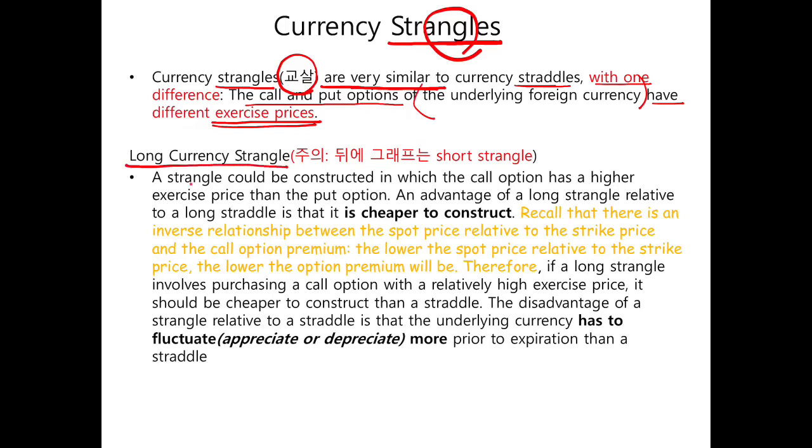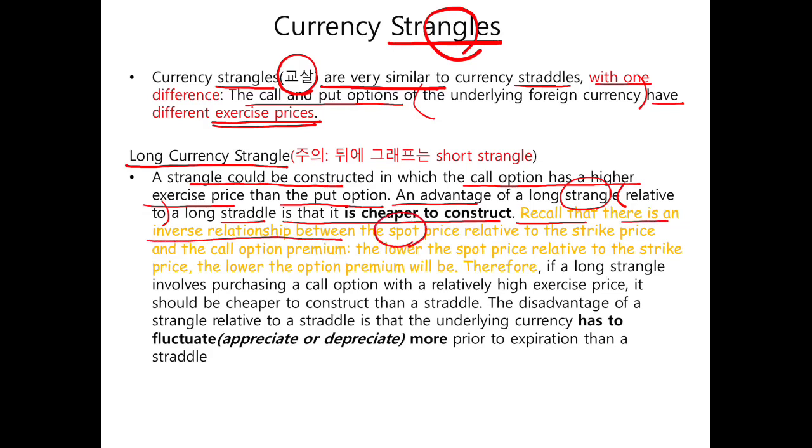A strangle could be constructed if the call option has a higher exercise price than the exercise price of the put option. An advantage of a strangle relative to a straddle is that it is cheaper to construct. Why is it? You need to recall that there is an inverse relationship between the spot price relative to strike price.